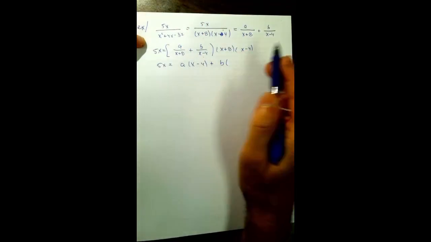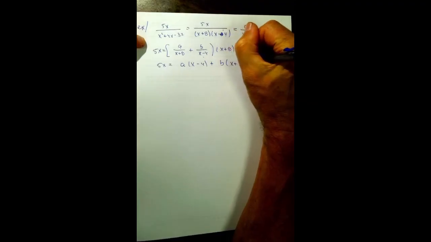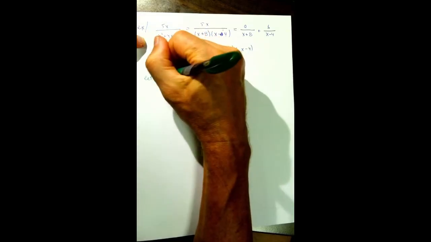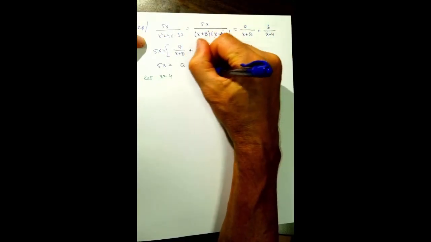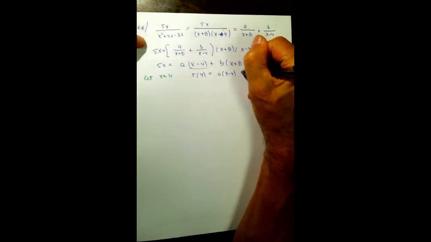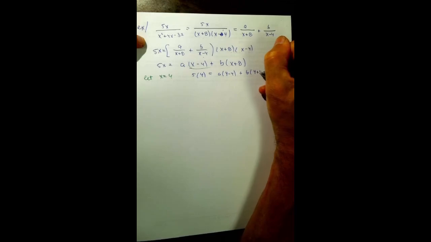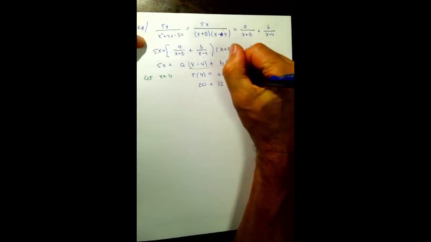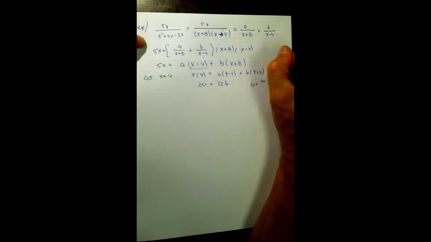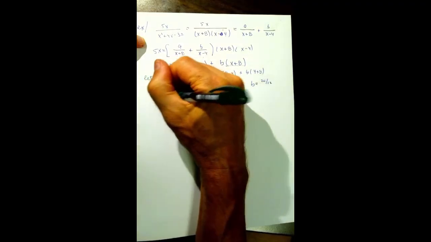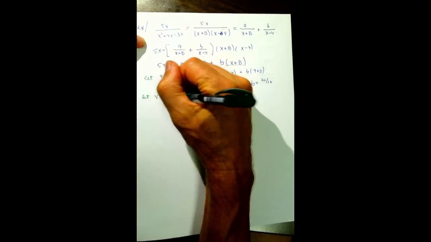And here the x minus 4's cancel, so I get b times x plus 8. So now if I let x equals 4, I can make that go away. So I get 5 times 4 equals a times 4 minus 4 plus b times 4 plus 8. So 20, this is going to be 0, equals 12b. b equals 20 twelfths.